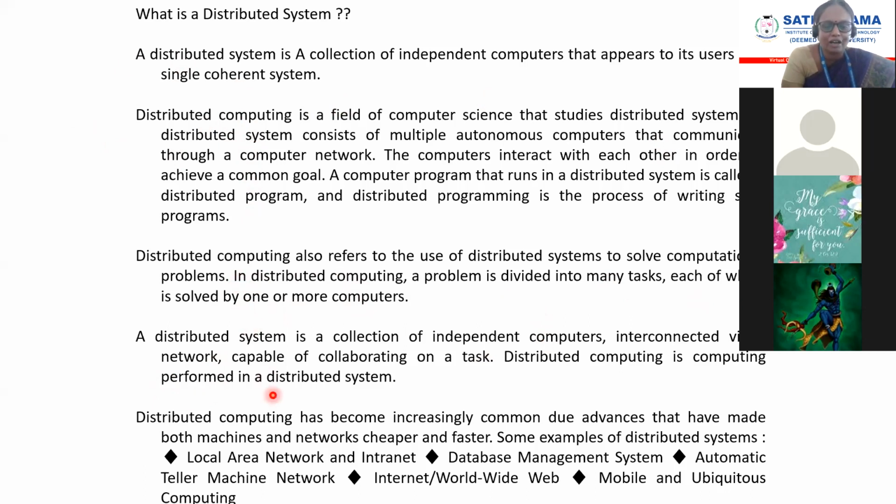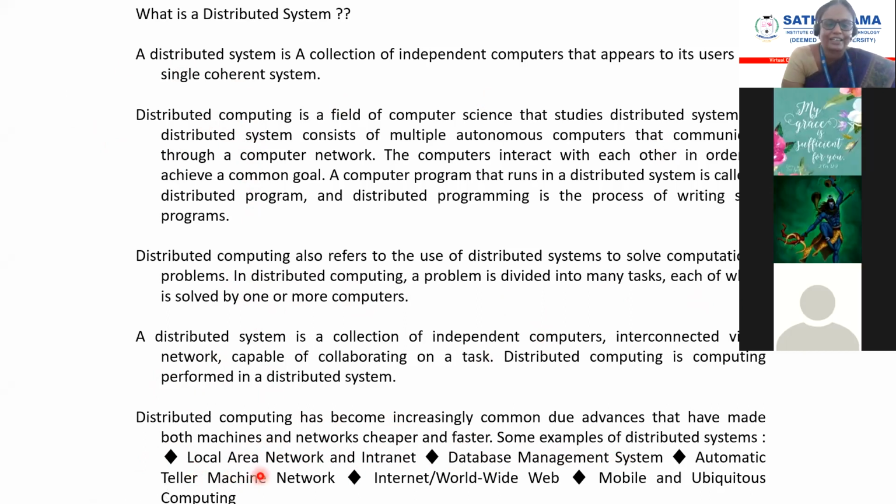Distributed computing systems will make the network cheaper as well as faster. Some examples of distributed systems: LAN, local area network, and intranet, which is inside a building. In our college also, the intranet facility is there. Database, DBMS, then automatic teller machine, ATM.